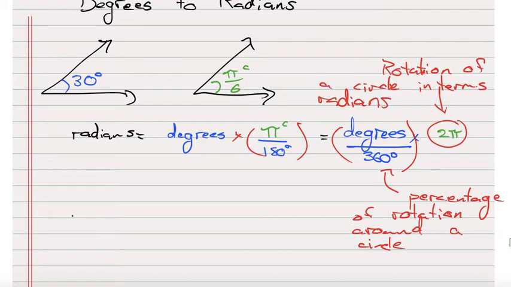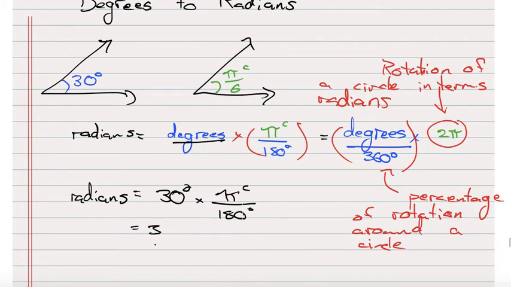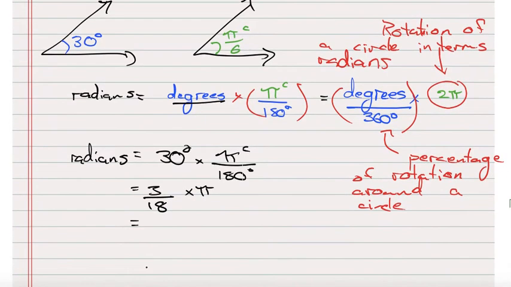So if we want to go, say, radians equals 30 degrees, multiplied by pi radians over 180 degrees, then we're effectively saying 30 over 180 times pi.